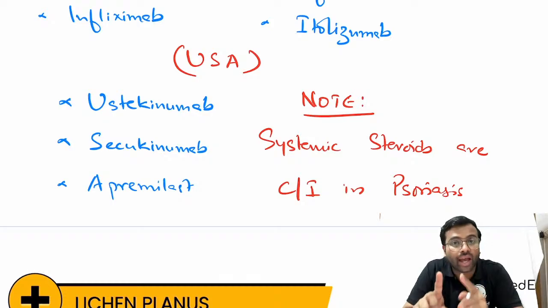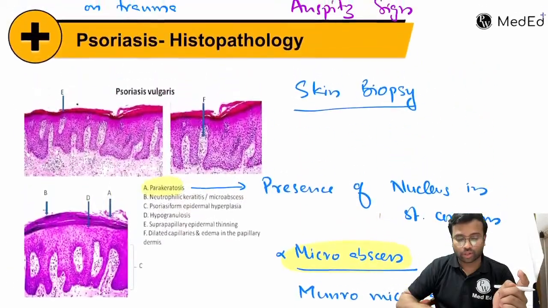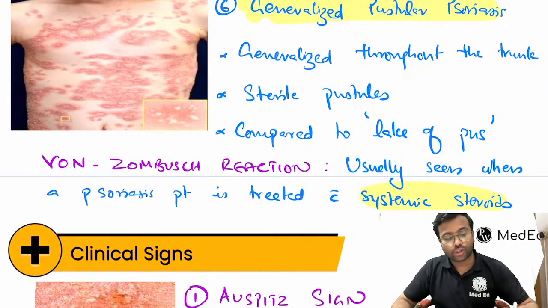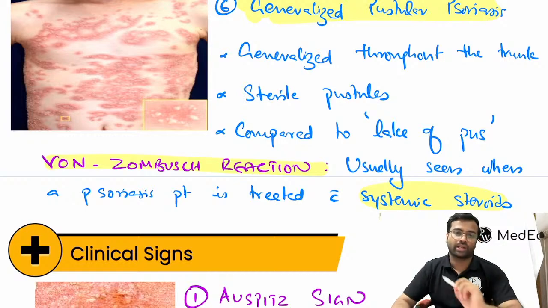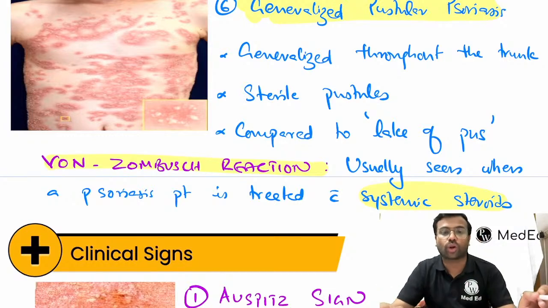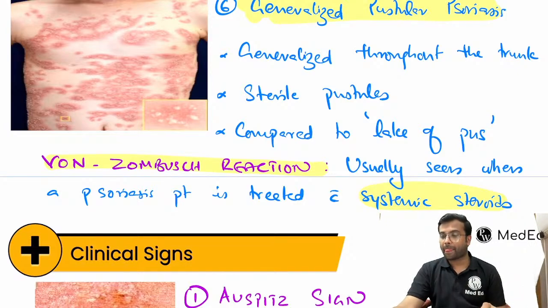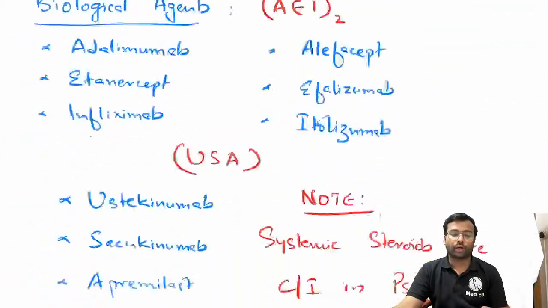The patient can develop von Zumbusch reaction. Remember, some time back I mentioned the von Zumbusch reaction is usually seen in a patient who was treated with systemic steroids. That is why I said systemic steroids are contraindicated. So please remember that very important point also.